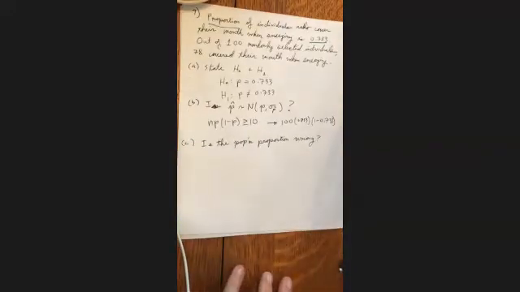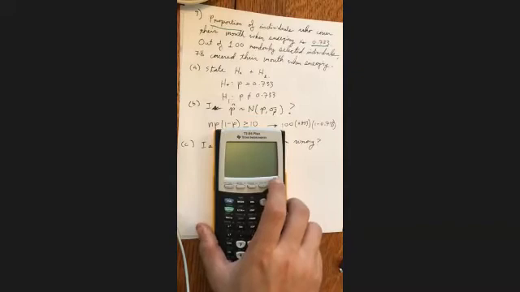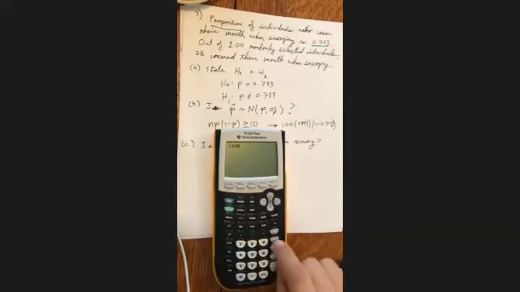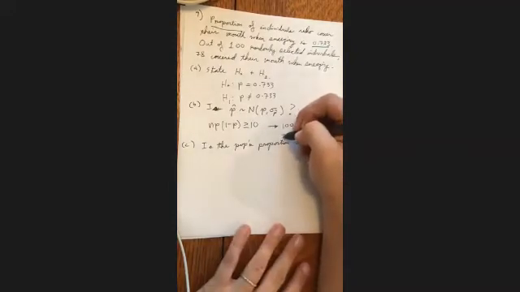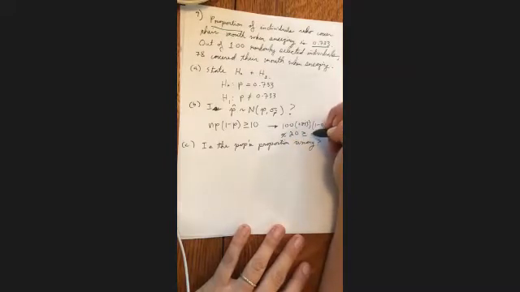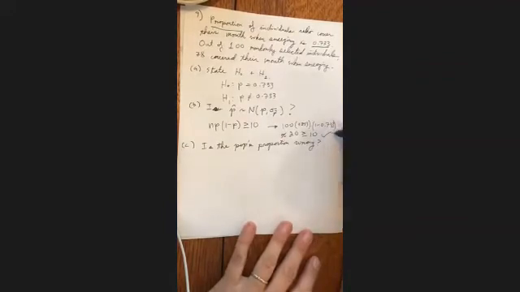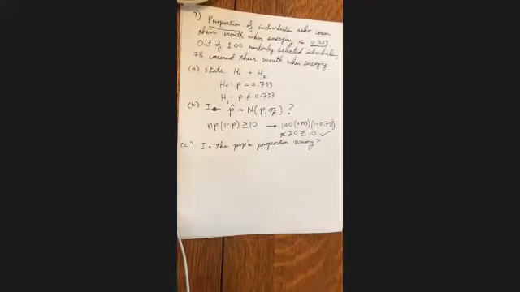So let's see what that equals. 100 times 0.733 times 1 minus 0.733 gives us 19.57. So this is roughly equal to 20, which is definitely greater than or equal to 10. So that's a check. So now we know that p hat is approximately normally distributed. So that means we can perform a z-test on this.